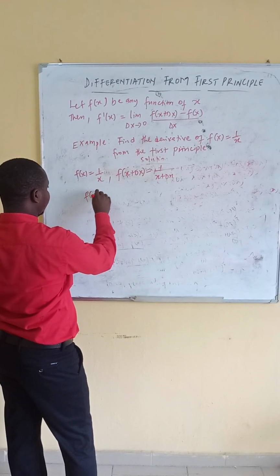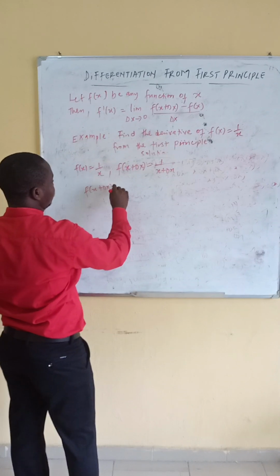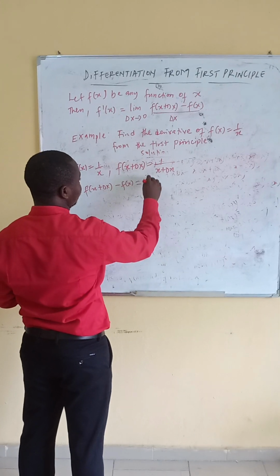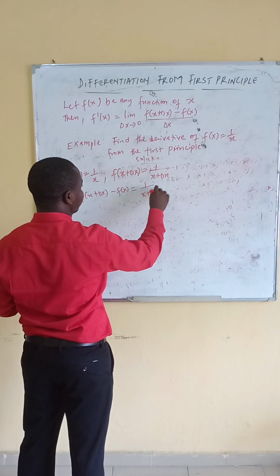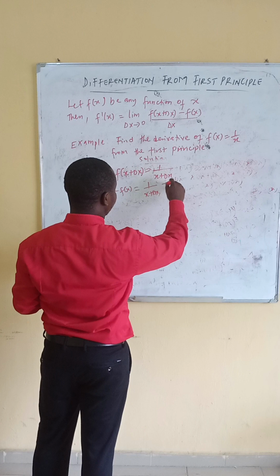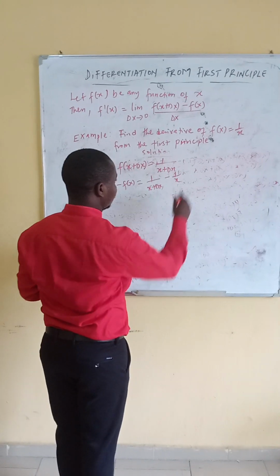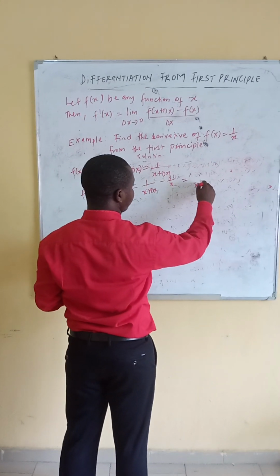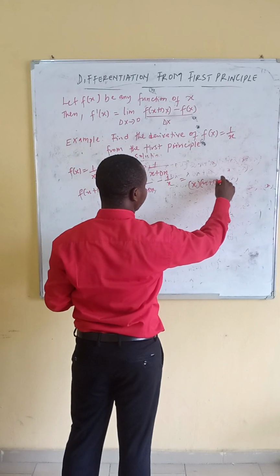Now f of x plus change in x minus f of x will be 1 over x plus change in x minus 1 over x. The LCM here is x into x plus change in x.